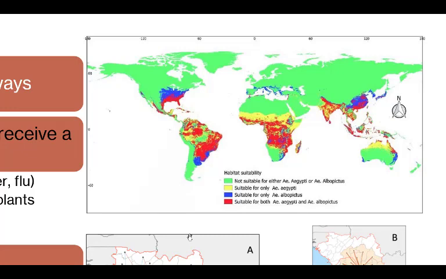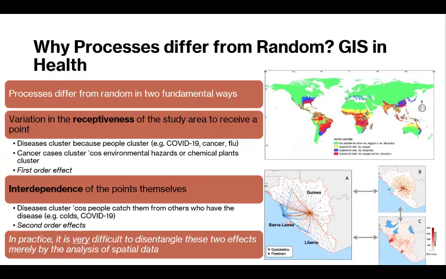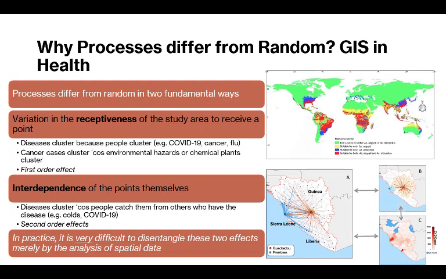So, with that, it means that diseases carried by those vectors are likely to be more prominent in those areas indicated in red, blue, and so on. So, receptiveness of a place affects the occurrence of certain incidents in certain places. And this is very important for diseases.